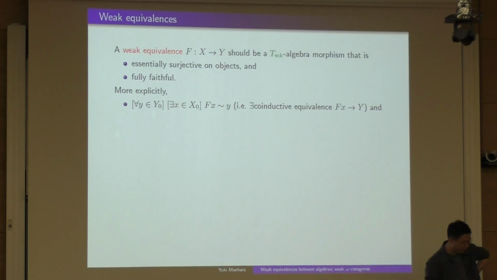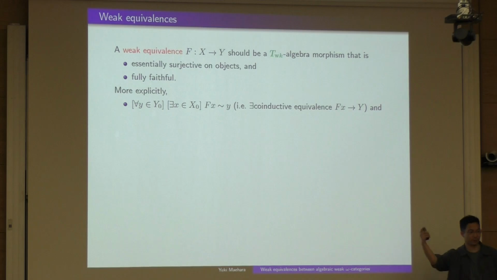Now, what about fully faithful? Well, fully faithful should mean that the induced maps between the homs are invertible in a suitable sense. But here we are taking homs of a weak omega category, and these homs are again weak omega categories. So saying that the induced maps between the homs should be invertible is saying that the induced maps between the homs are again weak equivalences.